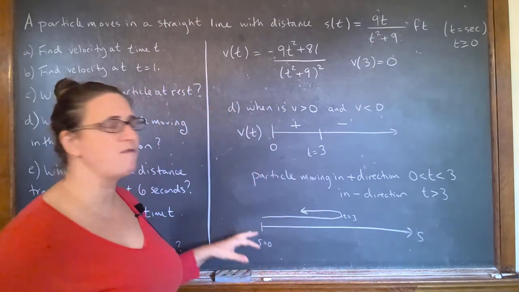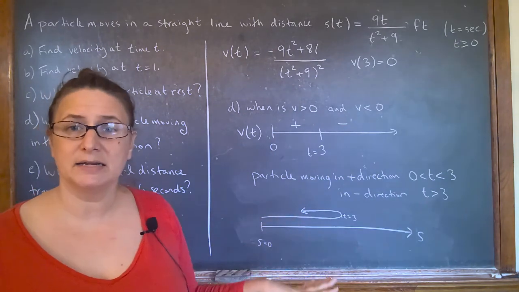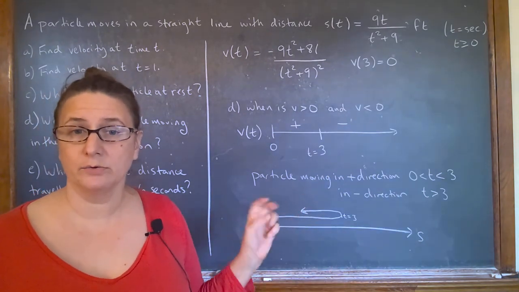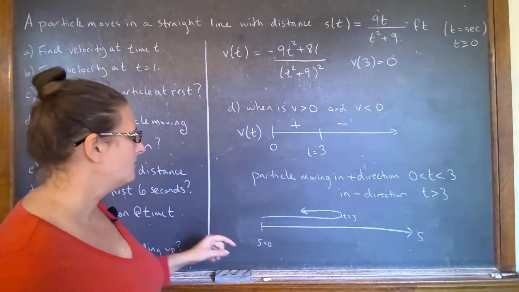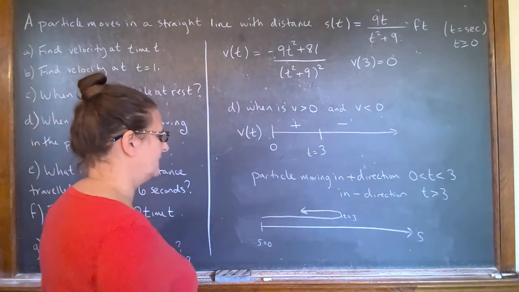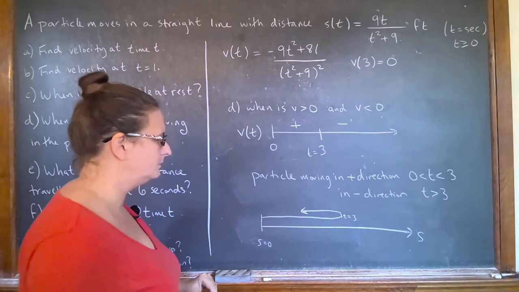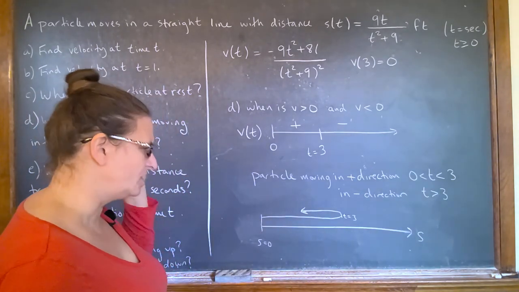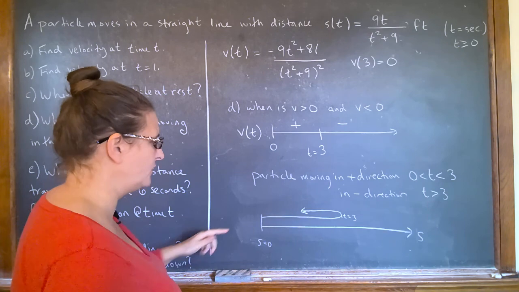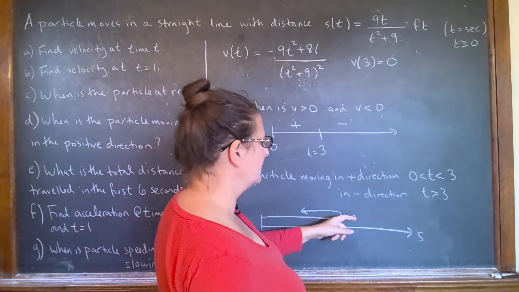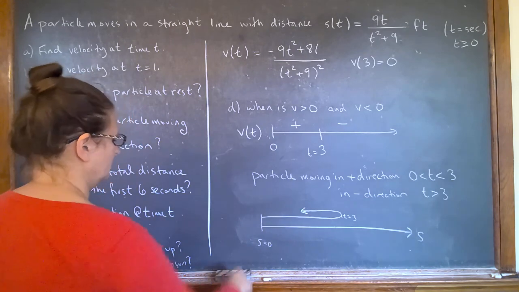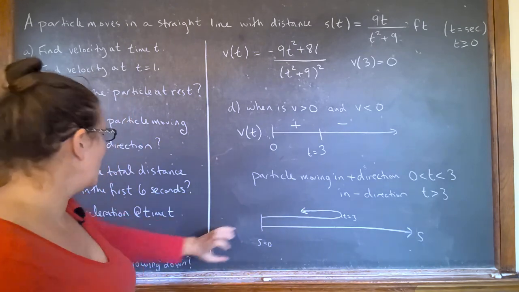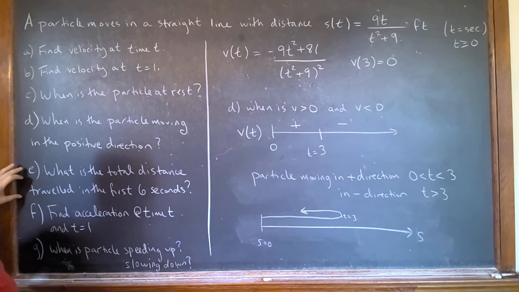I don't know how far I'm moving because I didn't check that. To figure out the distance, of course, I need to look at the distance function. But here I'm just trying to figure out mentally what's going on. So first, for 3 seconds, I'm moving in the positive direction, and then I'm going to move back in the negative direction.